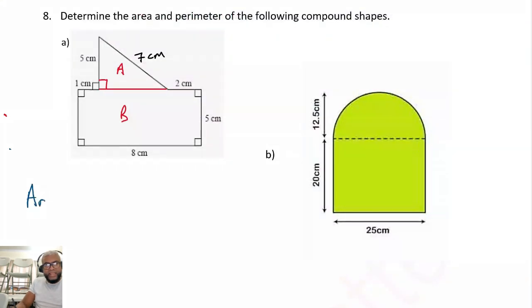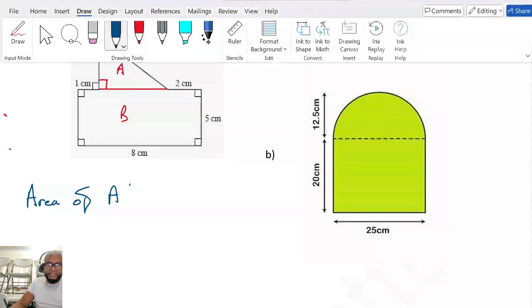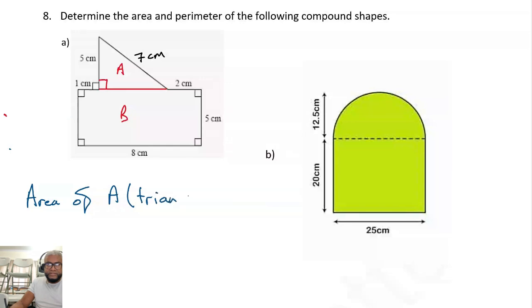Let's find the area of A, which is a triangle. The area is base multiplied by height divided by 2.